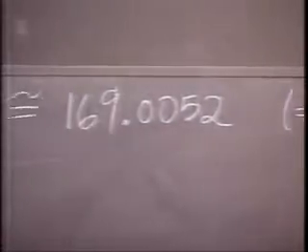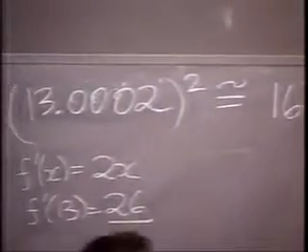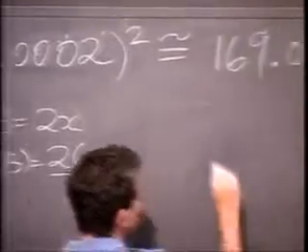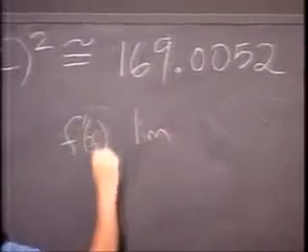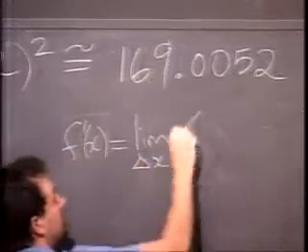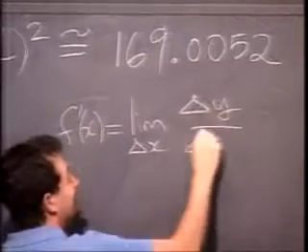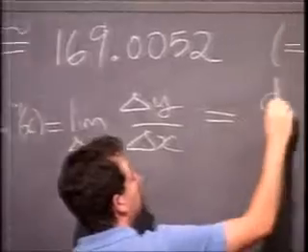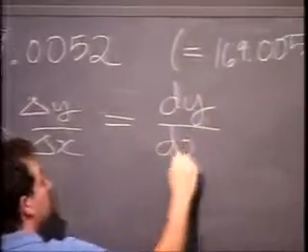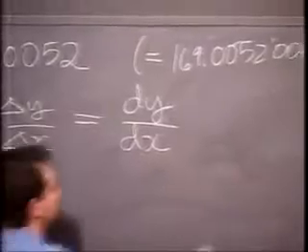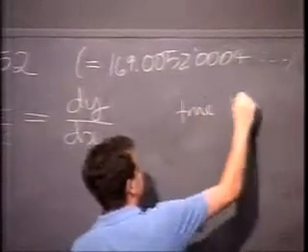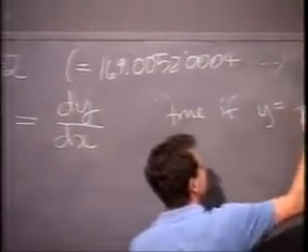Inspired by this observation that the derivative is like a ratio, we say that f prime of x is the limit. We already know this. And instead of writing the delta, we write dy dx. So this is true if y is an abbreviation for f of x.